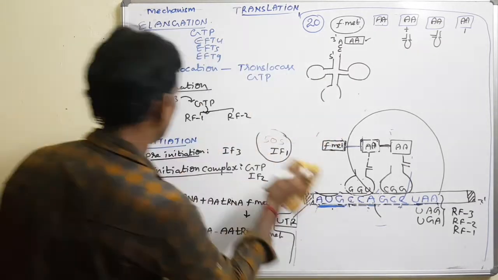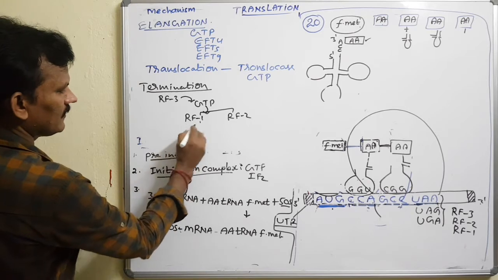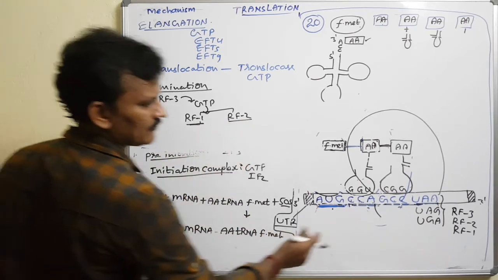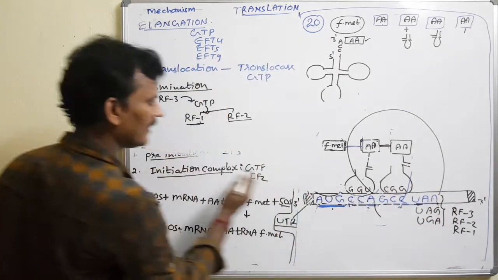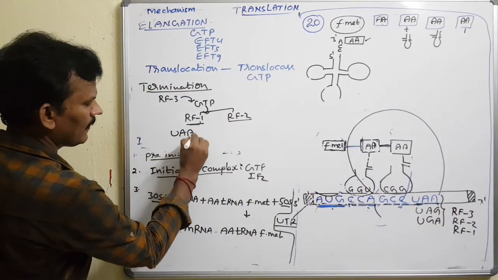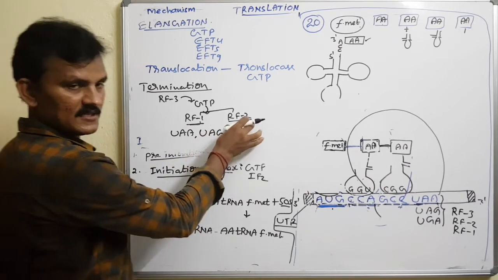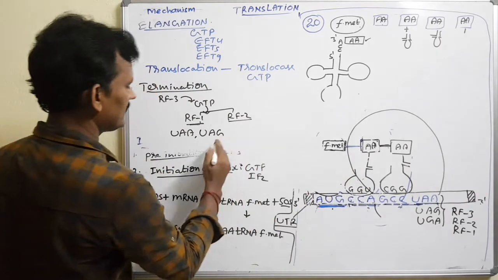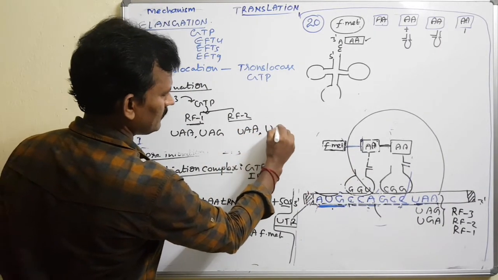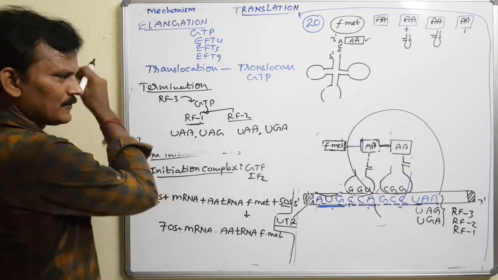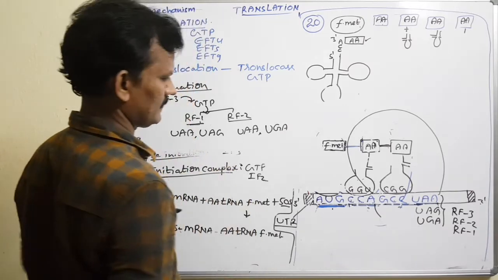Release factor 1 notices and identifies UAA and UAG on the mRNA, while release factor 2 identifies UAA and UGA. So here also factors are needed, three factors in the termination process.